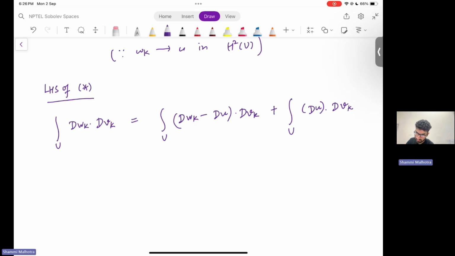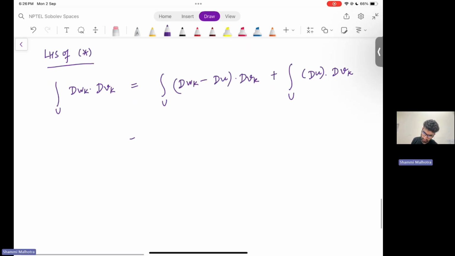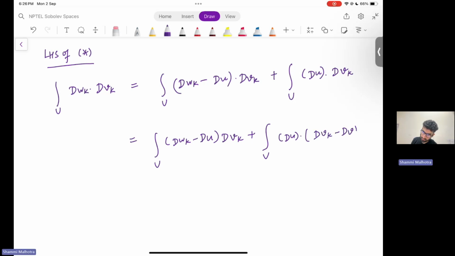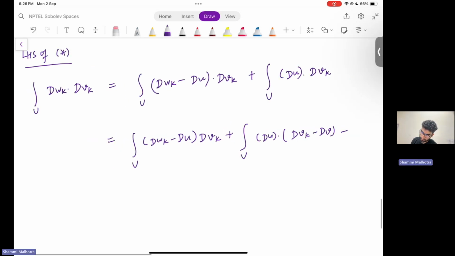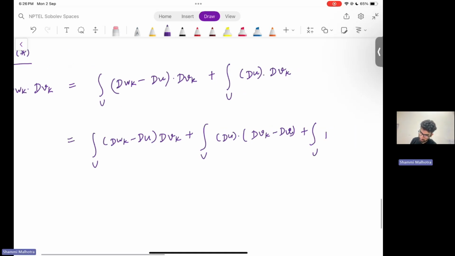And again, this can be further written as u dwk minus du dvk plus u of du times dvk minus dv, and finally we have dvk minus du times du.